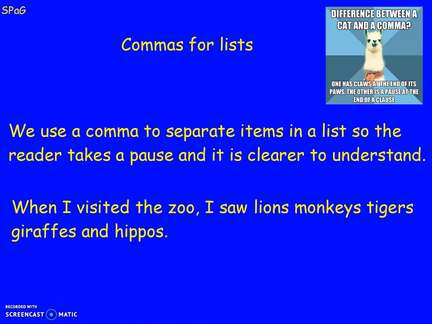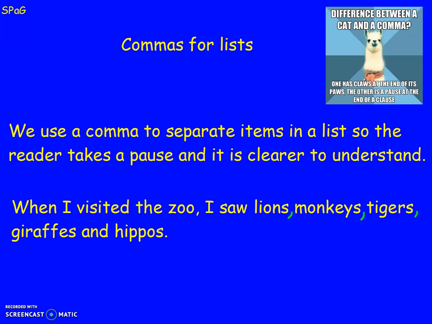Okay, let's have a look. When I visited the zoo, I saw lions, comma, monkeys, comma, tigers, comma, giraffes and hippos. Okay, we do not need a comma here before the 'and' because the 'and' creates the pause that the reader needs.